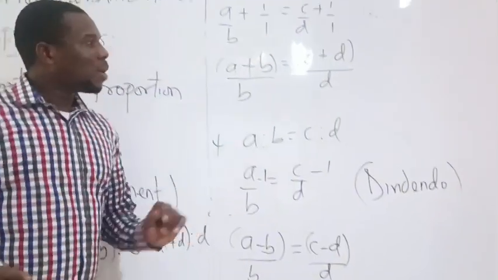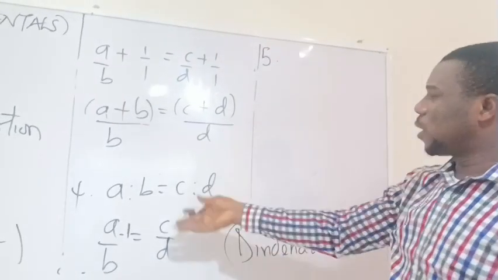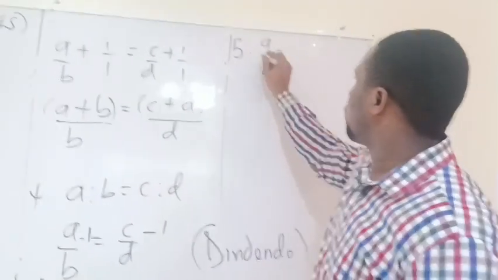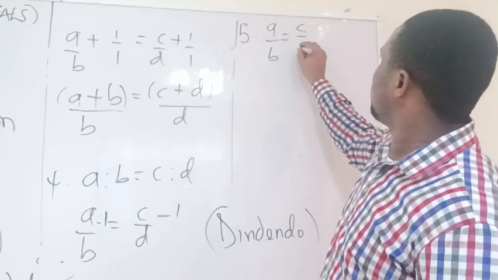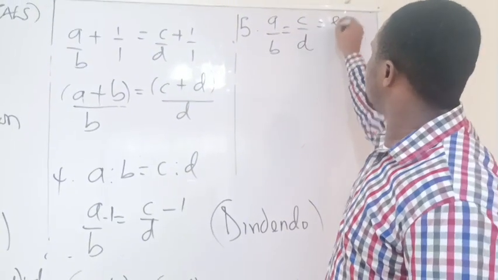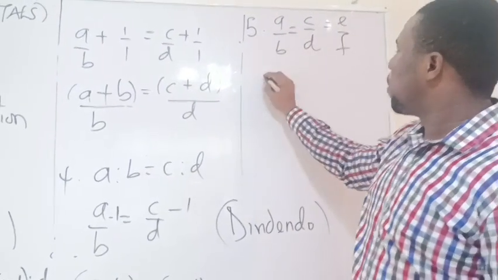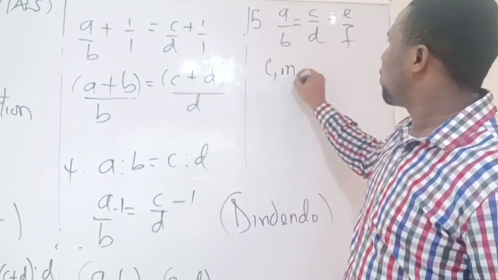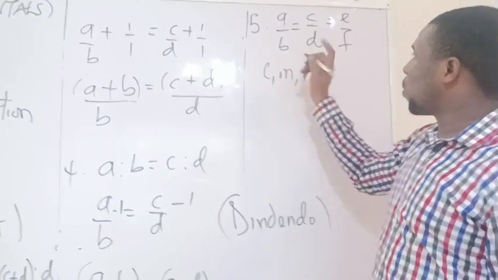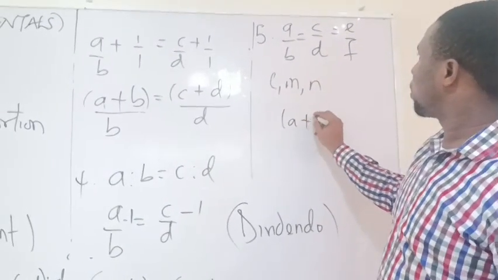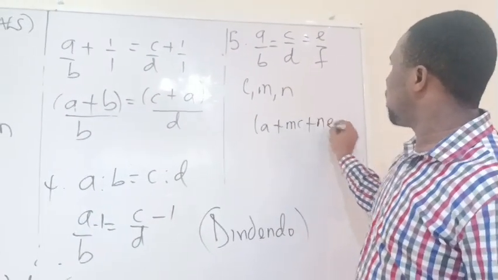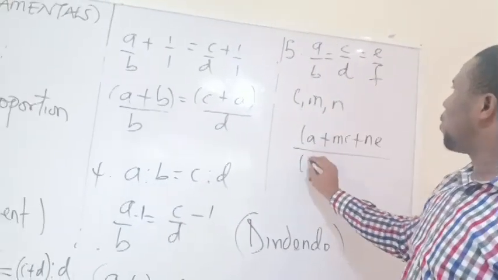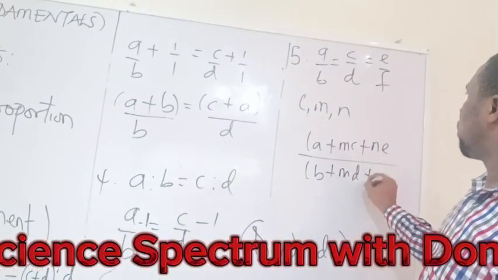Now the fifth part of this property is, what if I have A is to B as C is to D as E is to F, and I multiply by positive non-zero numbers L, M, and N. What I'll get is LA plus MC plus NE divided by LB plus MD plus NF.